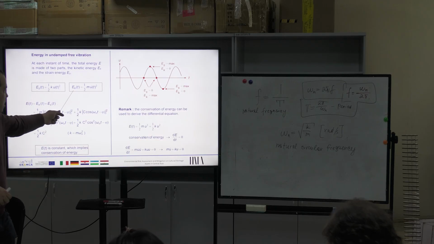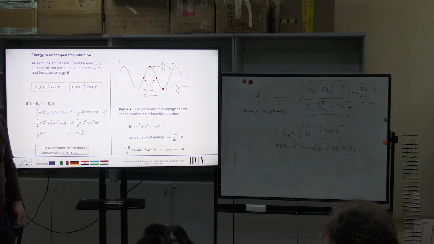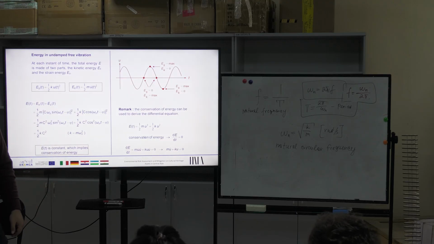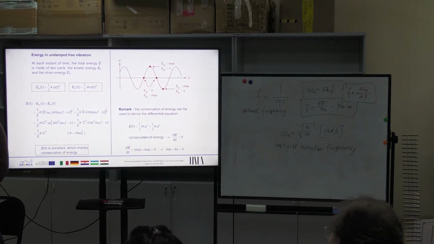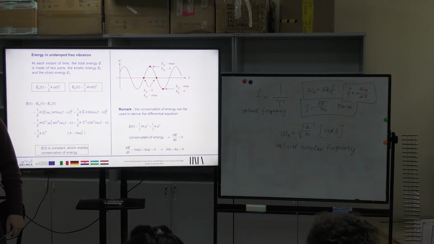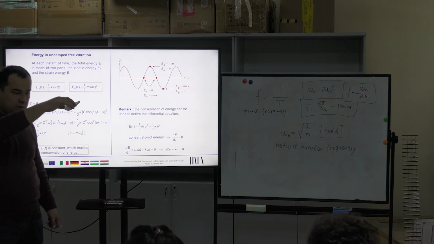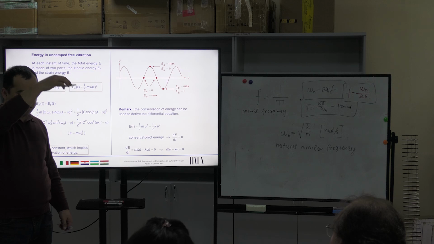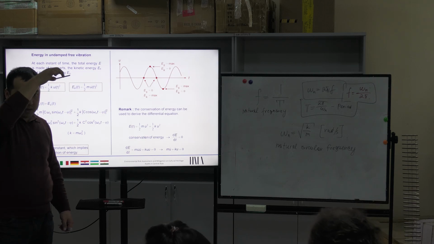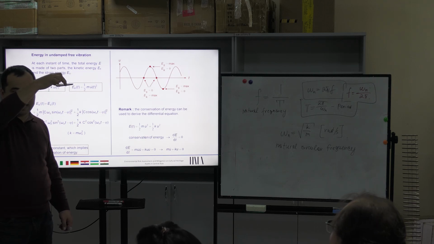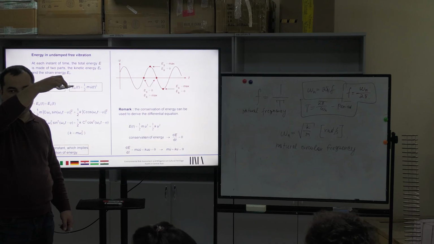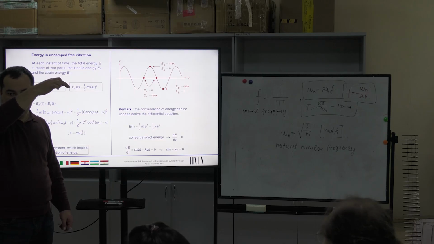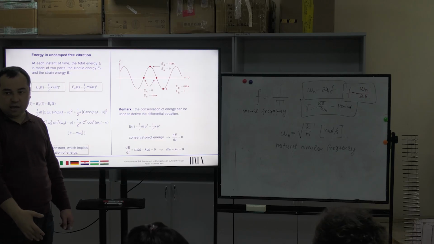And the second one, kinetic, depends on the speed. If I am dropping one object from the top, from here to here, if I am keeping it like this, it has potential energy. Okay? When it starts moving, it has kinetic energy.